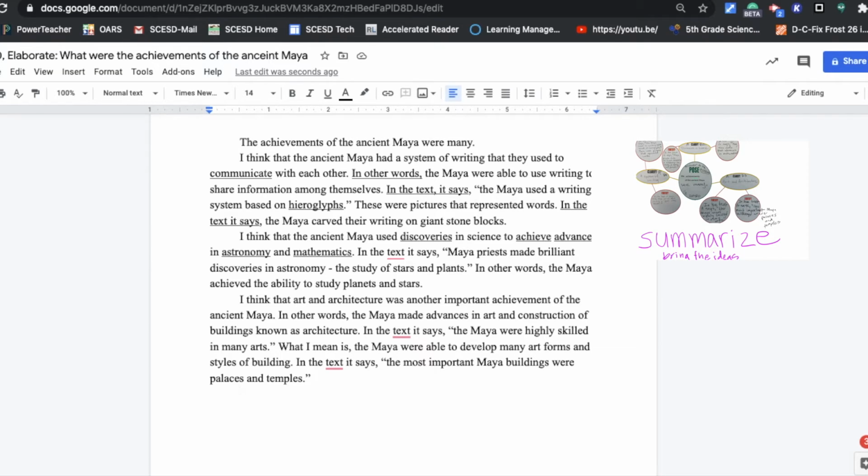And we can write, the main points seem to be the Maya used their knowledge of mathematics and art to achieve many things.